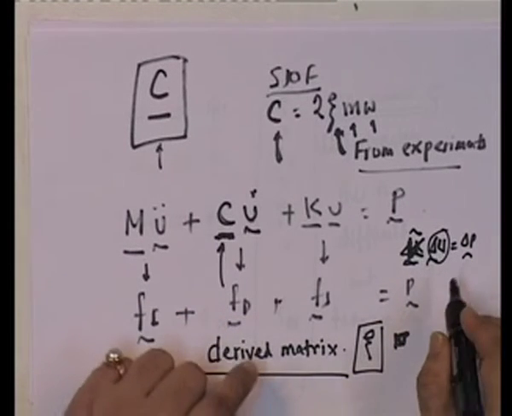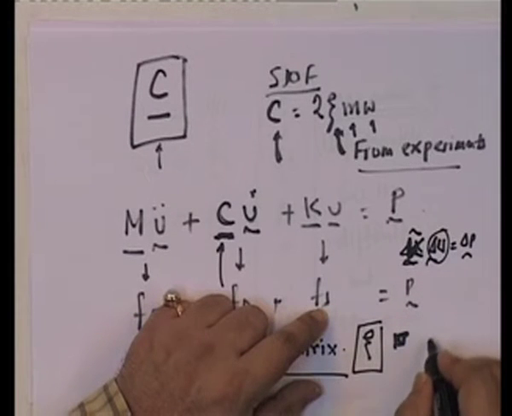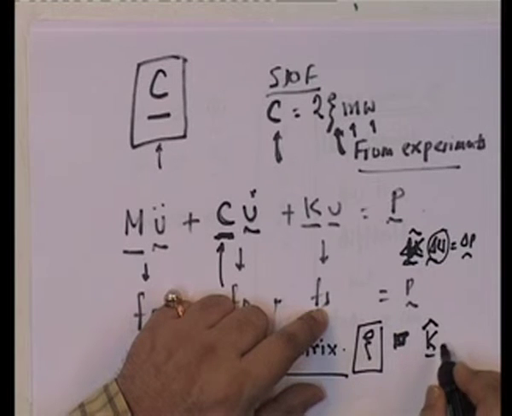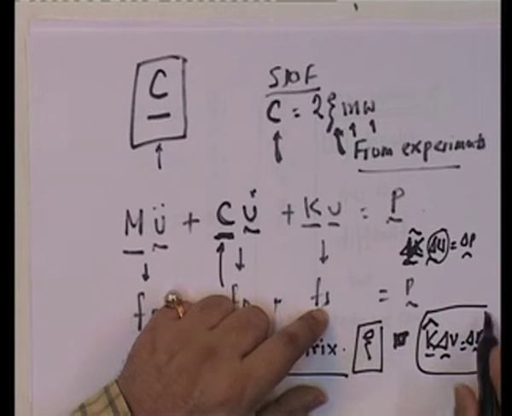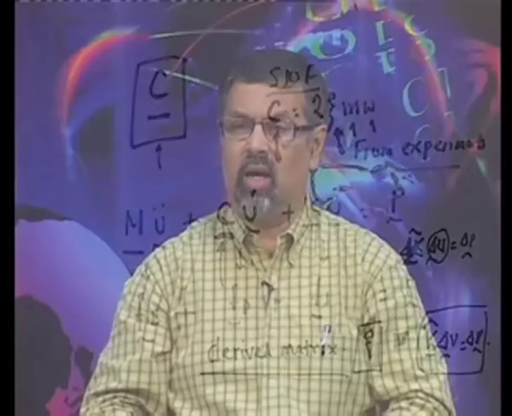Remember we solved that? Here also if we do the same thing, we will get k tilde into delta v is equal to delta p. All we will have is n simultaneous equations. So the ODE can be transformed into simultaneous equations, which can be solved using any simultaneous equation solver.